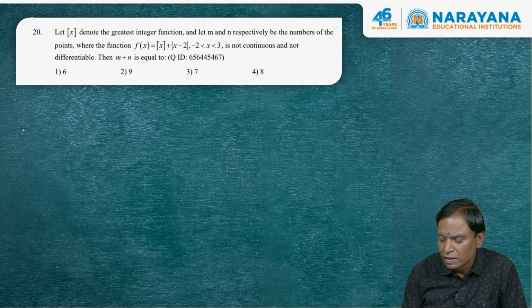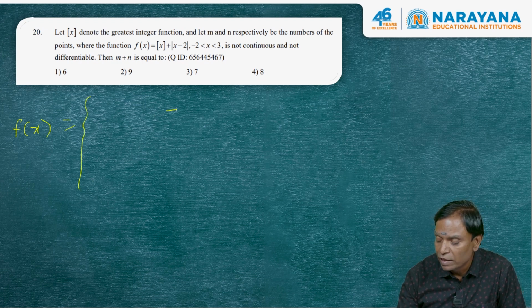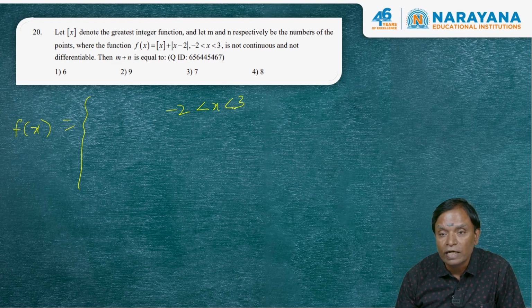So here, since the interval is given, you can write f of x. Since the step function is defined between two consecutive integers, I will split the integers first. Minus 2 is lying between x and 3.